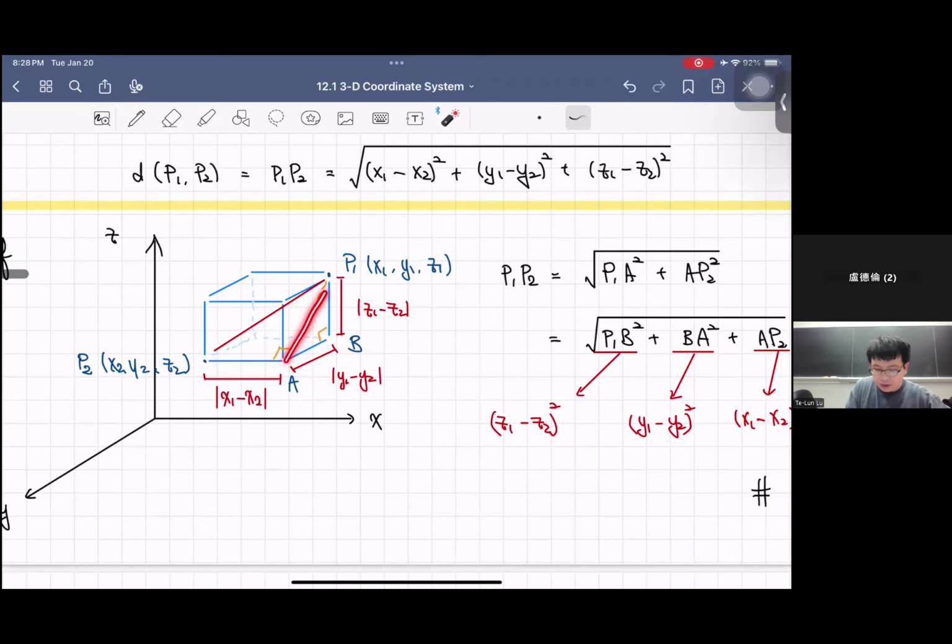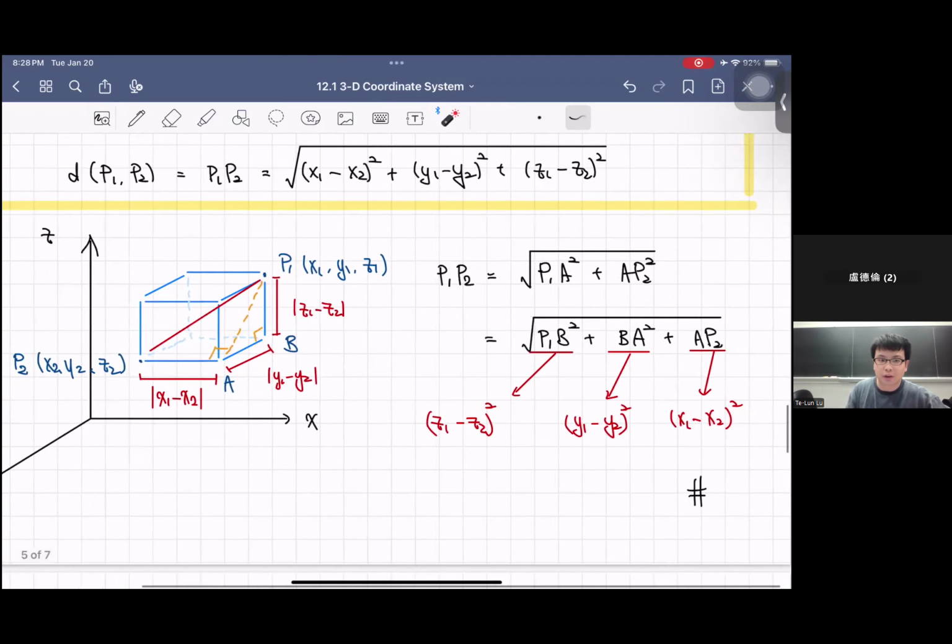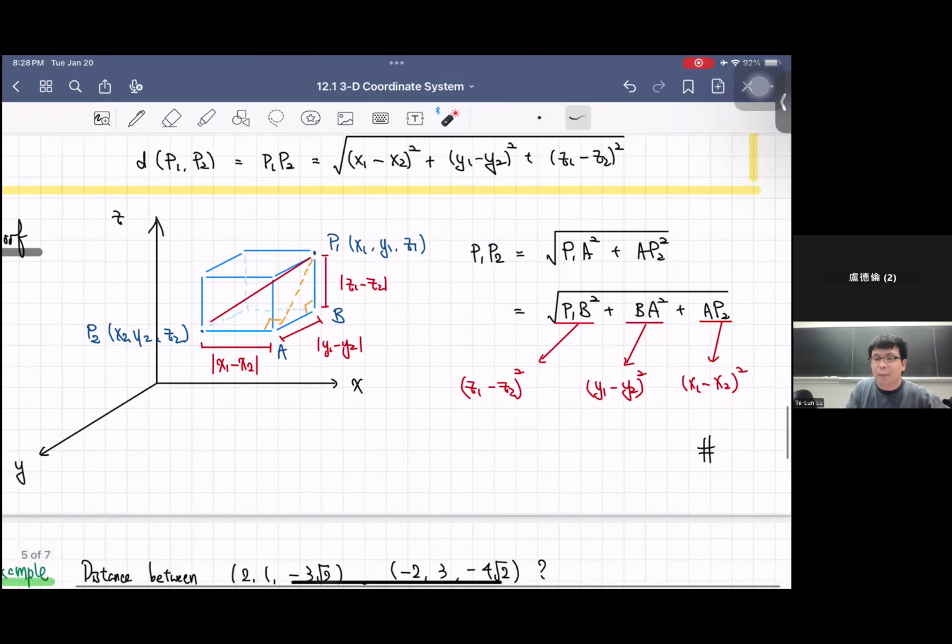And now how do you compute this adjacent or opposite, depending on your choice of angle? This is actually another hypotenuse of this triangle, right? So first of all, P1P2 squared can be understood as P1A squared plus P2A squared. That's the first application of the Pythagorean theorem, which is (x1 minus x2) squared plus something squared. Now, that something is again the hypotenuse of a right triangle.